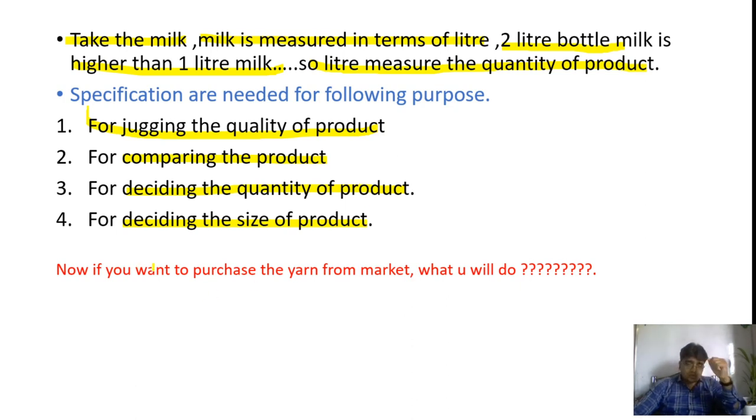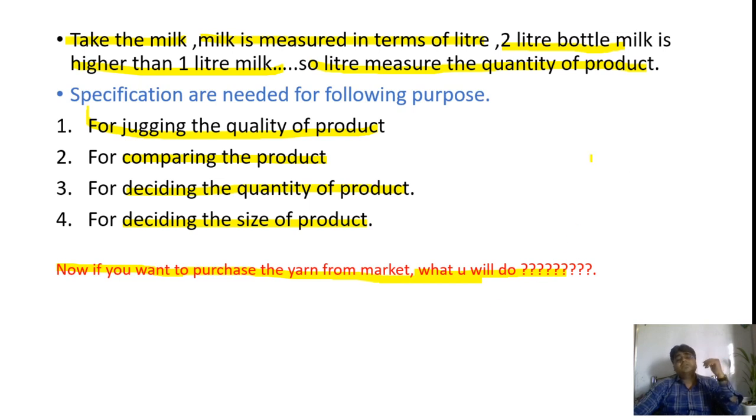Now let us come to our topic, that is the yarn numbering system, and we have talked about the yarn. Now if you want to purchase, in a similar way to what we have seen, you are going to purchase a t-shirt, you are going to purchase a smartphone. In a similar way, if you are going to purchase yarn from the market, if you are planning, sir, I am going to purchase yarn from the market, what is the very first question, what will you do in that case?